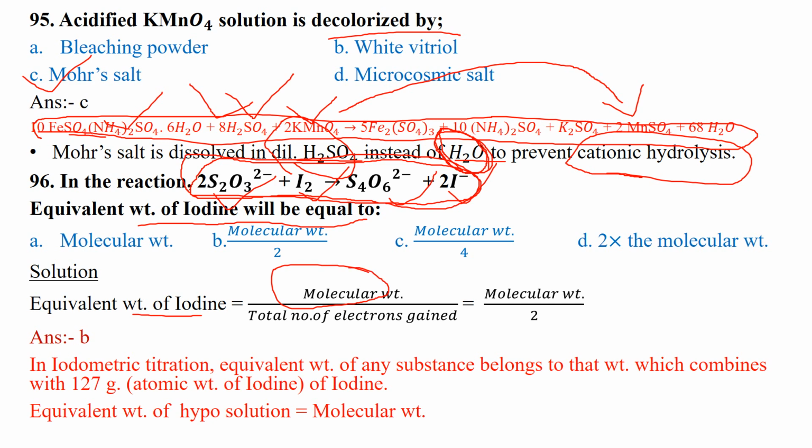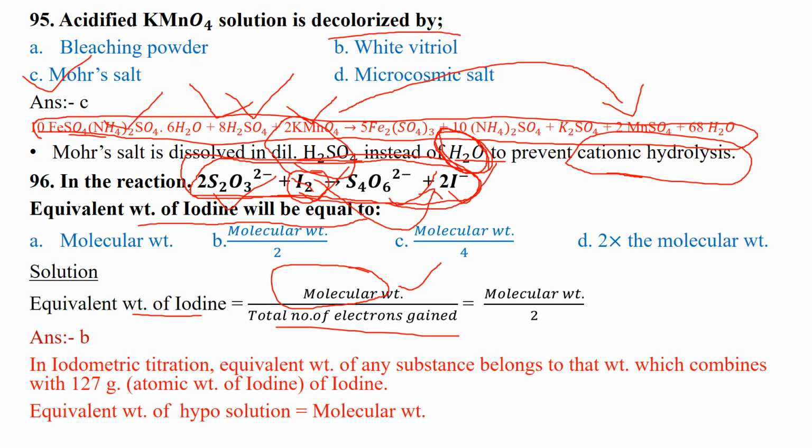In case of iodine, it changes from 0 to -1, meaning it is going to be reduced here, so it should gain some electrons. So molecular weight of iodine is divided by total number of electrons gained. How many atoms of iodine are present here? 2. What is the change in oxidation number of a single iodine atom? 0 minus minus 1 means only 1.